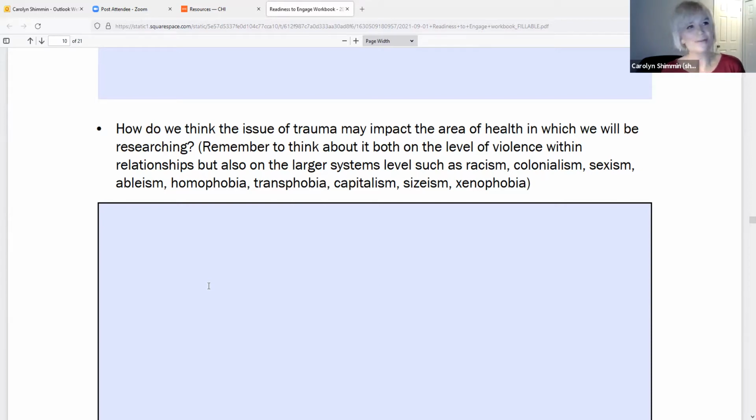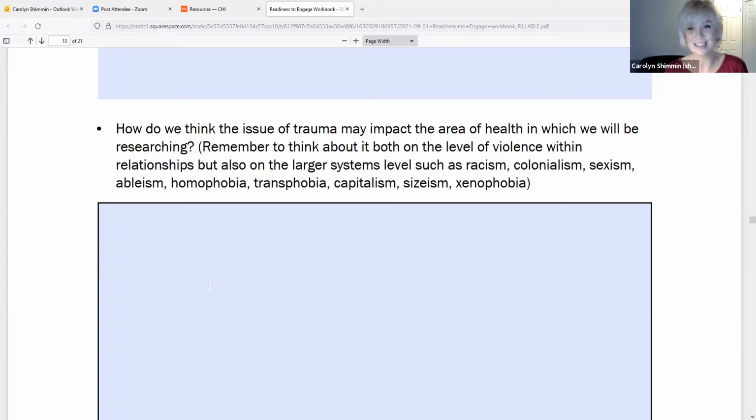What I always want to recommend to health researchers is to think about the fact that the experiential knowledge people might be sharing may be intertwined with experiences of trauma.